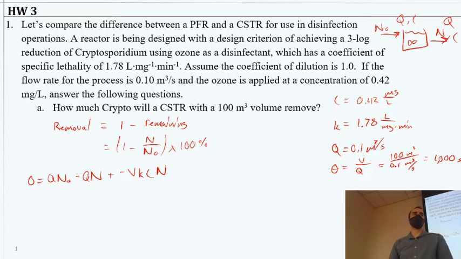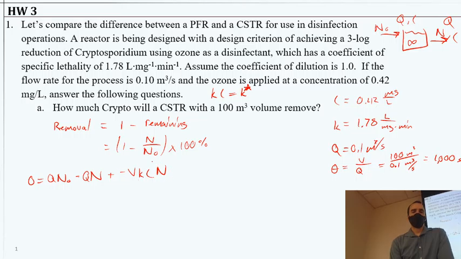Now we have the N and the C there because our K here is given as the coefficient of specific lethality. If we wanted to, we could say K times C, that's K star, like we talked about.